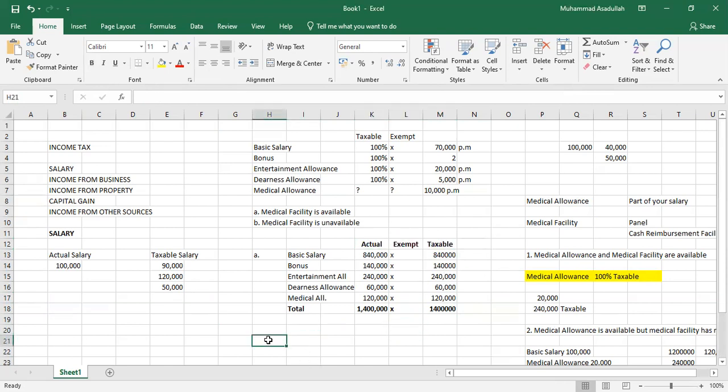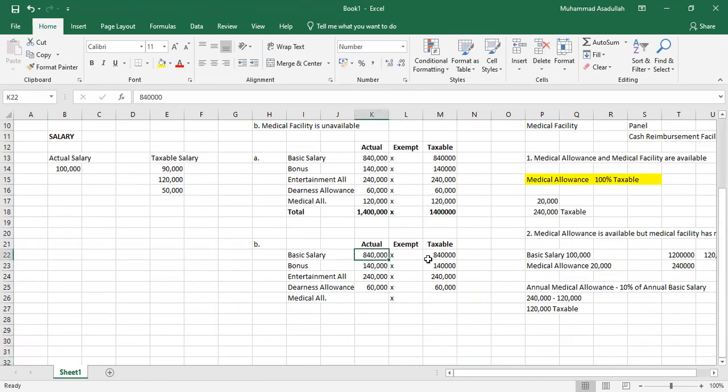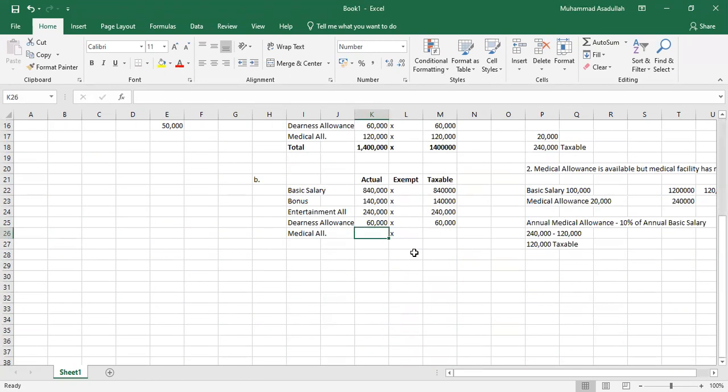Now, the second one is case B. We have the same values, but the only difference is the medical allowance. Basic salary, bonus, entertainment allowance and dearness allowance are all 100% taxable. The medical allowance is 10,000 rupees per month, which is 1,20,000 rupees annually, but the medical facility is not available.